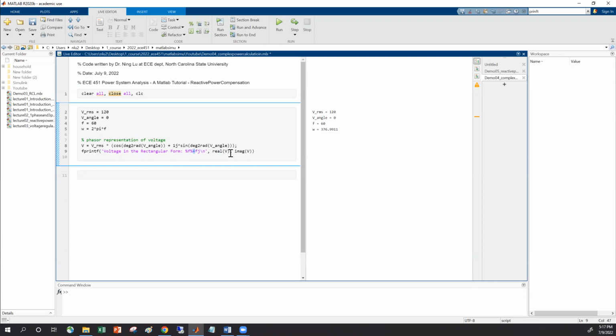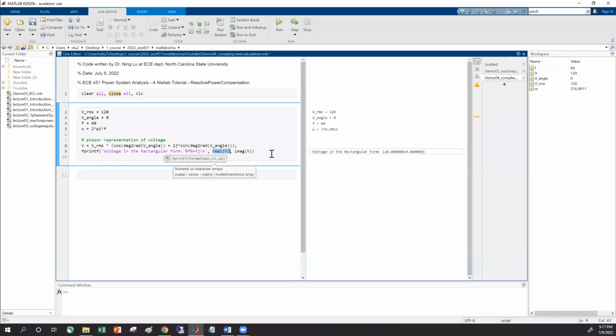This plus will give us the plus sign. So let's run this, you will see what I meant. When I run this command, it prints out this sentence, voltage in the rectangular form is, this is the variable 1, the real part of V, that's 120 at zero degree, and then the imaginary part of it.